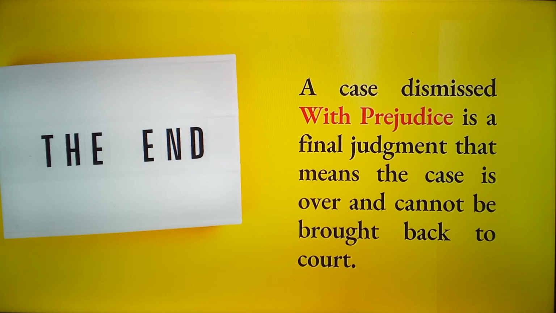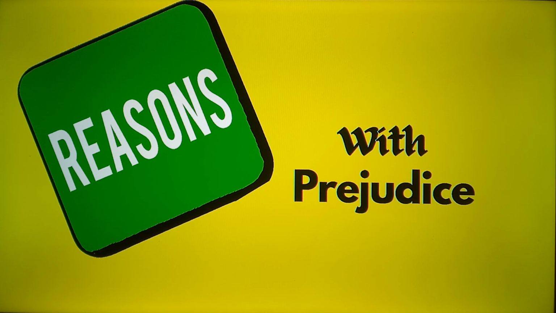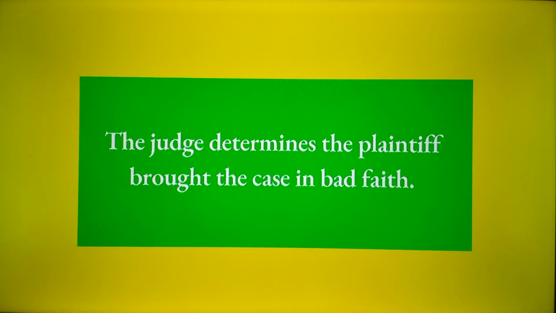A case dismissed with prejudice is a final judgment that means the case is over and cannot be brought back to court. So let's look at some reasons why a judge might dismiss a case with prejudice. The judge determines the plaintiff brought the case in bad faith.